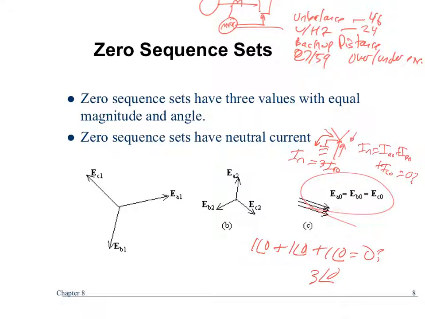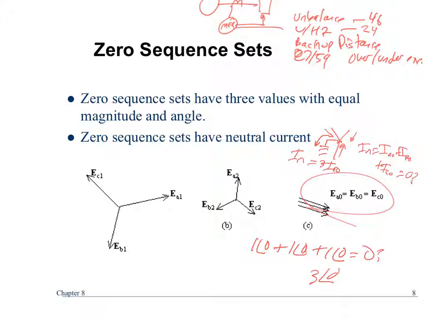So when you look at these operate or polarizing quantities inside of a relay, it doesn't say I0, it actually says 3I0. So you monitor 3 times the zero sequence current. I've never seen I0; I've always seen 3 times I0.